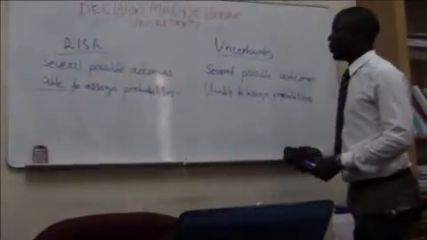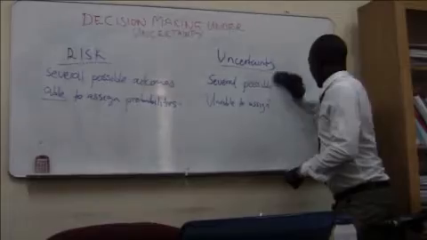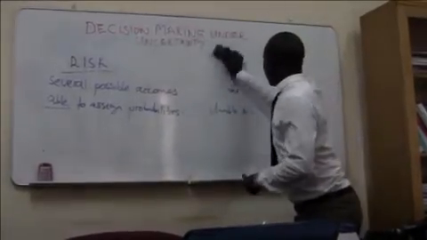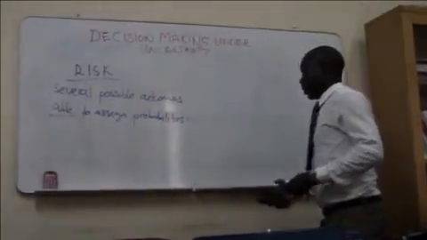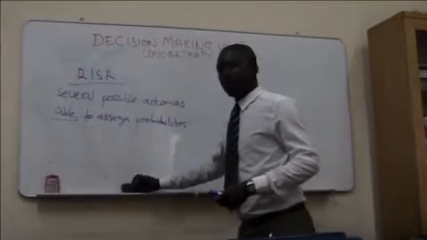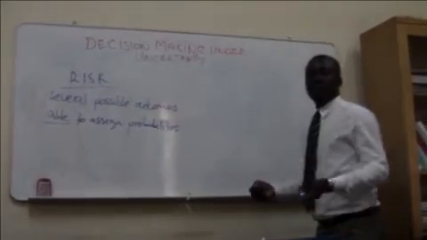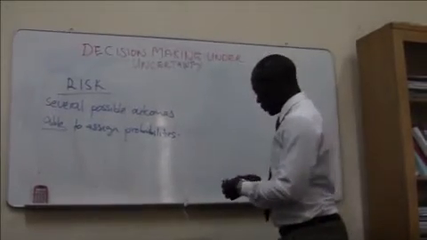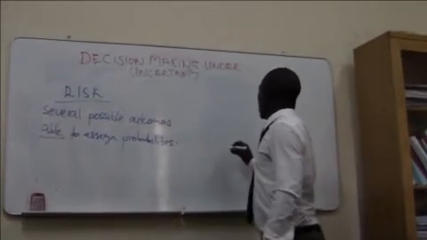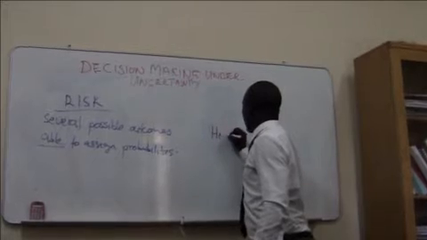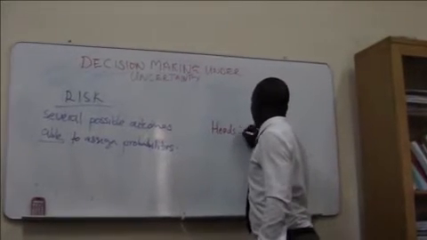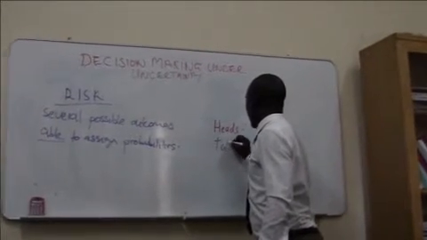Therefore, just to give you an example on risk. If you remember the good old days when we used to play a game of dice, or maybe simply even tossing a coin, you will know that your coin will either have heads on one side or tails on the other side.